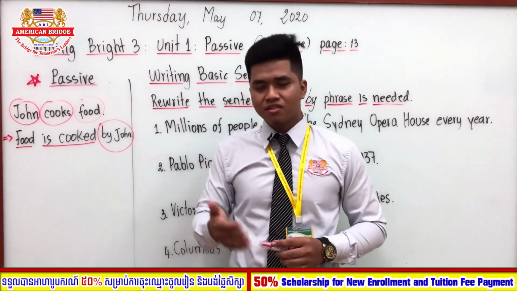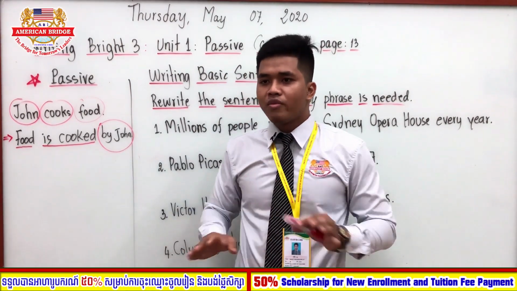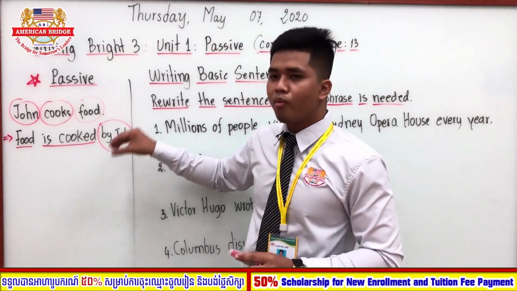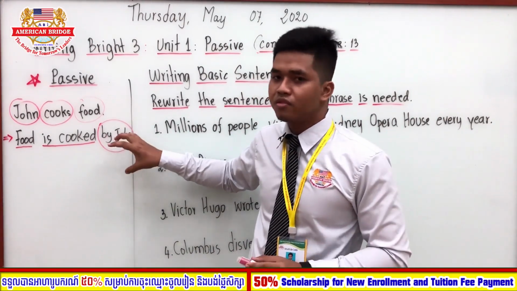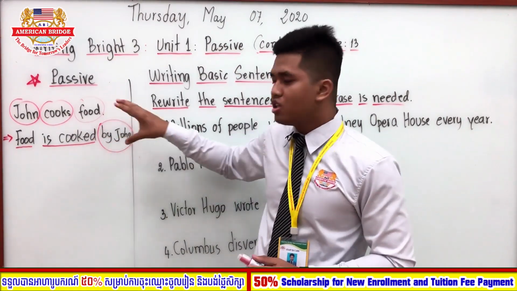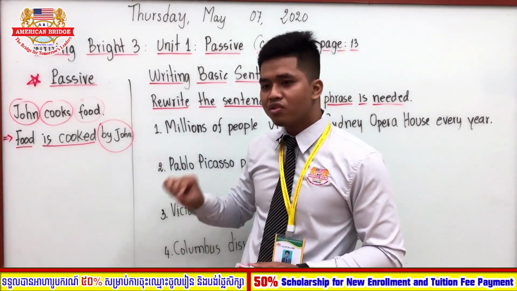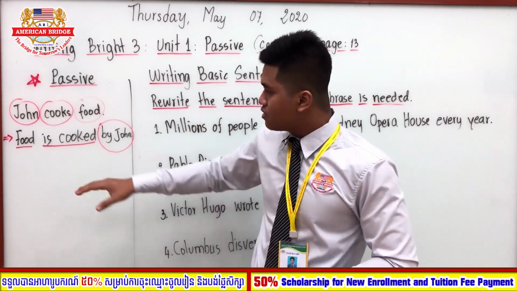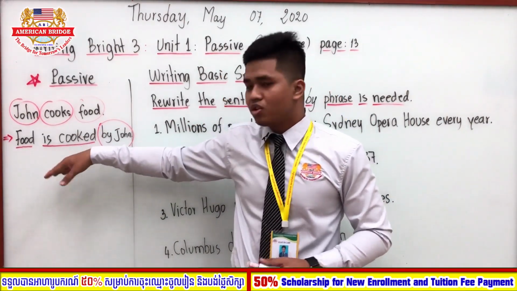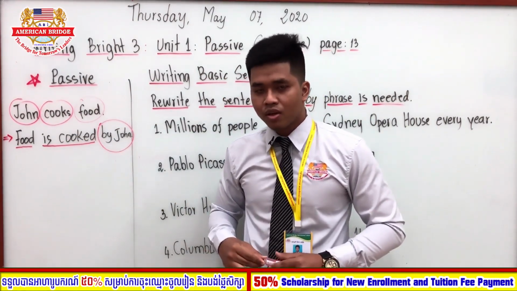But in the passive voice, the subject doesn't perform the action, all right? So those who perform the action still exist in the passive sentence, but not in the form of the subject anymore. It changes into the agent. We call it the agent. Agent refers to someone who performs the action. But the subject in this sentence doesn't do the action. That's why we call it a passive sentence.